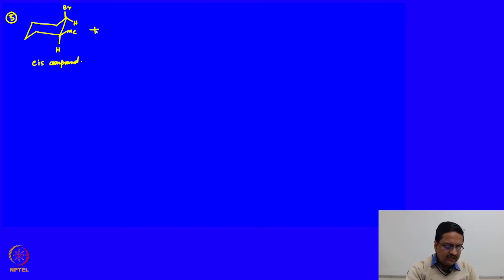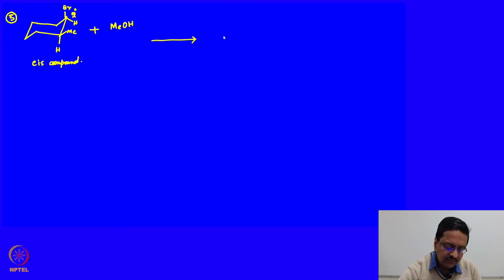If we do the reaction with methanol, this alkyl halide is a 2-degree halide. Just like the first reaction we discussed today, we are supposed to go through the formation of a carbocation.